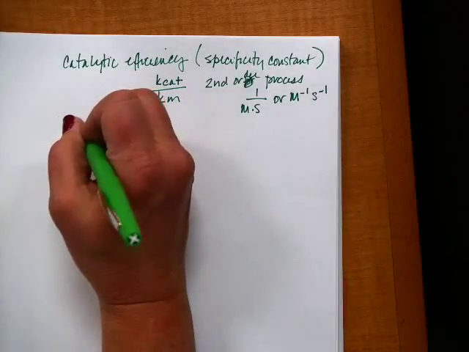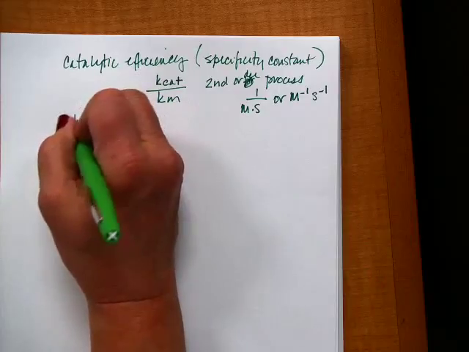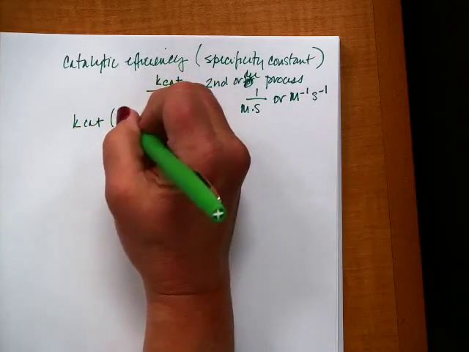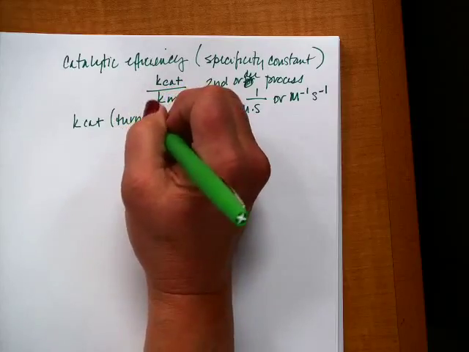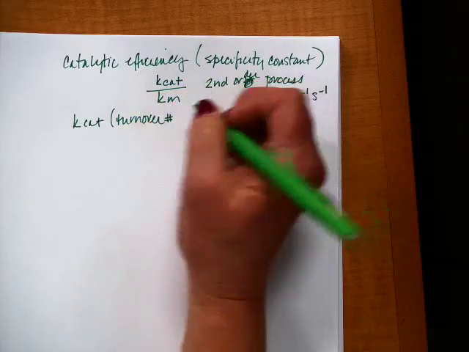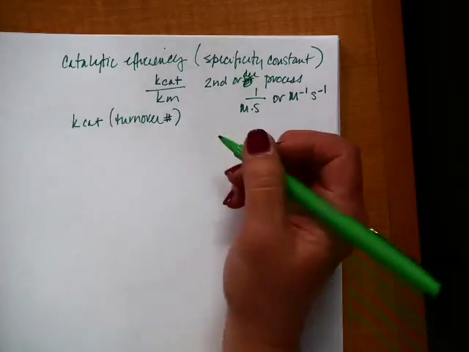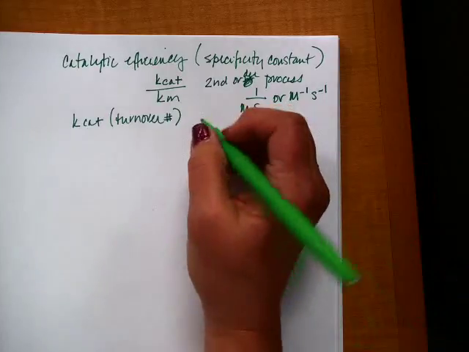Maybe I should have done kcat first. Kcat is basically the turnover number. So how many substrates are converted to product in a certain amount of time.